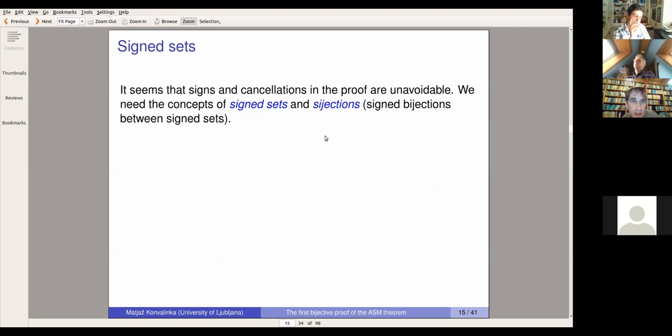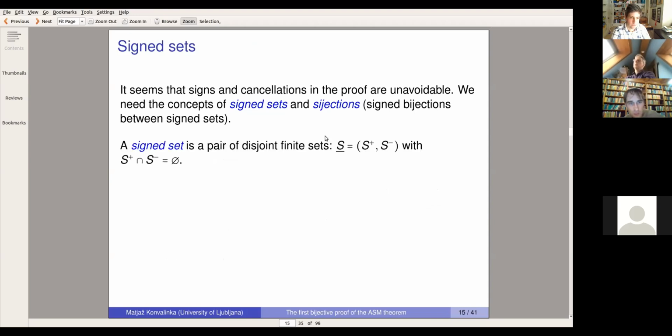So it turns out that the concepts one should use are signed sets and signed bijections. Okay, so we call signed bijections sijections for short. So what is a signed set? Well, it's very simple. You've all seen this probably. So you have a pair of finite sets.